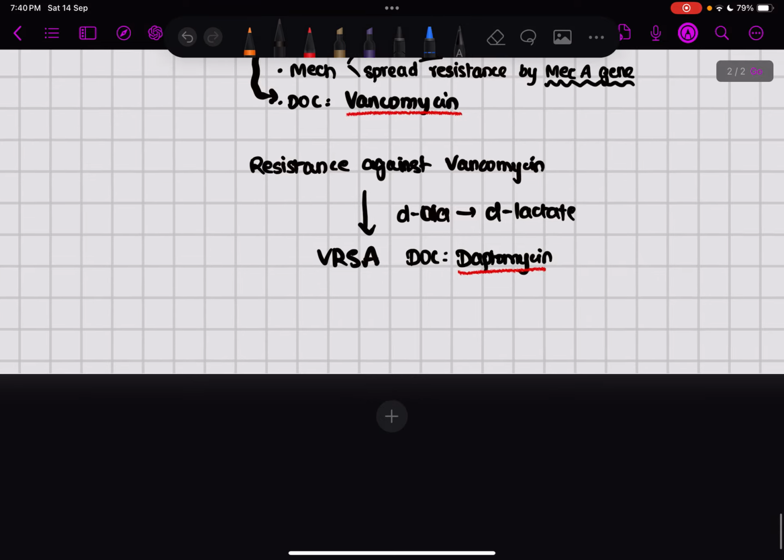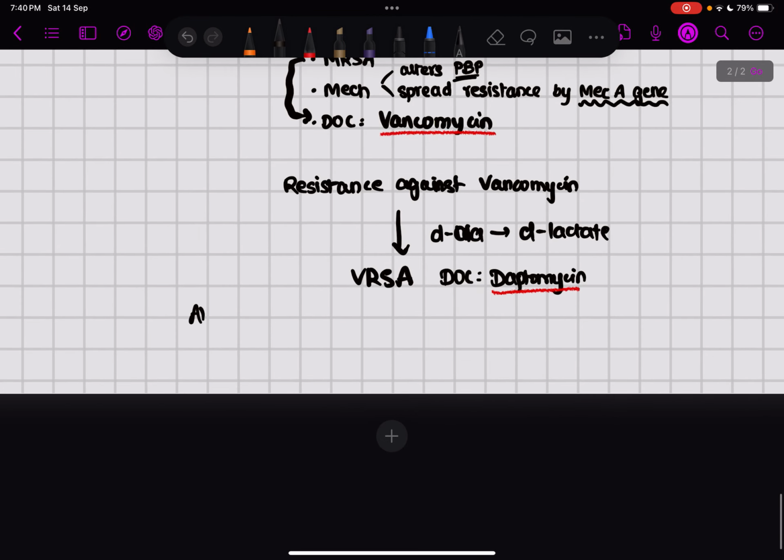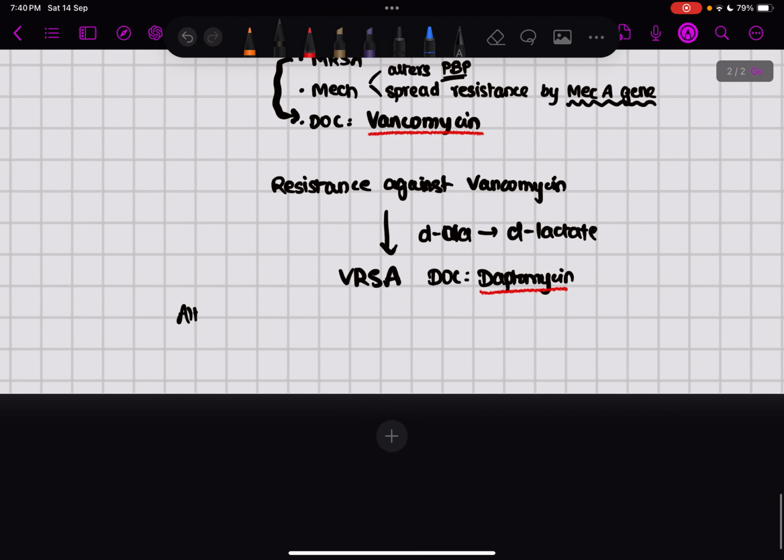And that is daptomycin. The alternatives are linezolid, streptogramins, and tigecycline.